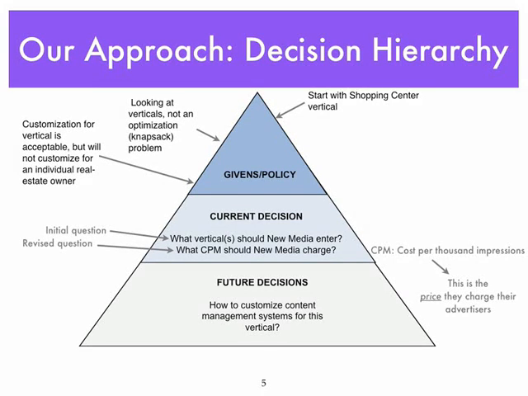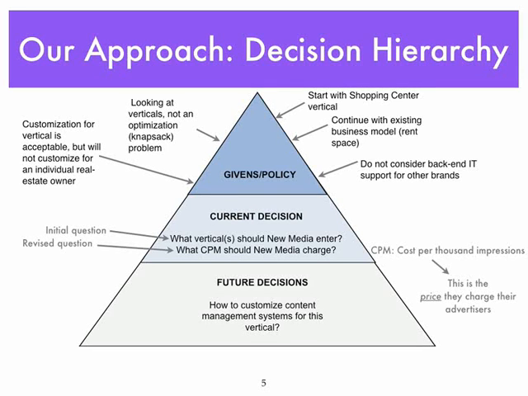We start with the shopping center vertical because that's what they're in currently, and we'll show our process for that vertical. New media is going to continue with their existing business model of renting real estate space, putting up their technology under their own name in these stores, rather than doing deals with big chain stores like McDonald's and putting their technology under the McDonald's brand name.